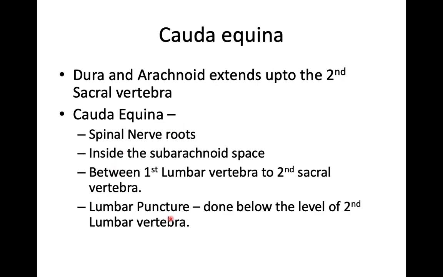You might have heard that in performing some abdominal or pelvic surgeries, they usually go for lumbar anesthesia. The procedure is known as lumbar puncture. It is usually done below the level of the second lumbar vertebra. Why? Because the nerves present in that space control the organs of the pelvic region and the skin of the pelvic region.